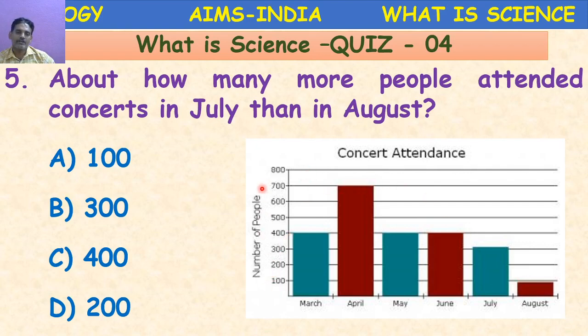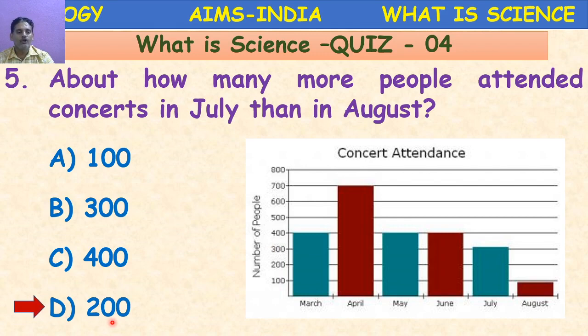The number of people attended is on the y-axis, 100, 200, and on the x-axis months are given: March, April, May, June, July, August. You need to compare July and August. In July 300 people attended. In August 100 people attended. So how many more people attended in July compared to August? So you have answered.